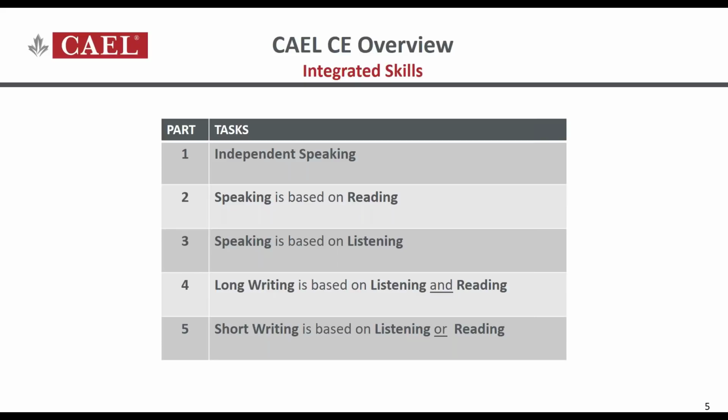So one of the nice things about the CAEL CE test is that when you start answering questions in each part, except for part 1, you're focused on the same subject and you get kind of familiar with the subject as you go along. And you can see for part 3, the speaking is based on listening. So you listen to audio, you listen to a dialogue, somebody speaking, and then you answer some questions yourself. Part 4 is long writing based on listening and reading. So it covers those 3 skills. Short writing is then based on listening or reading, which means that one of those will be chosen and you will have to focus more on either listening or reading.